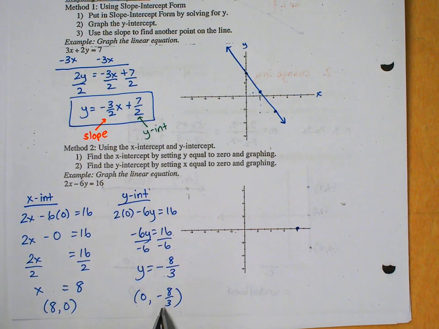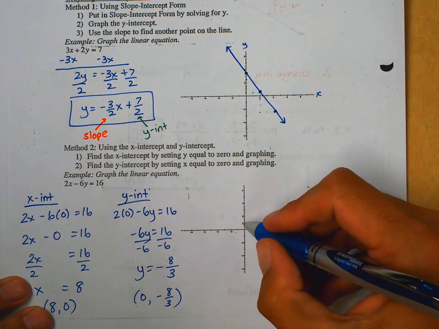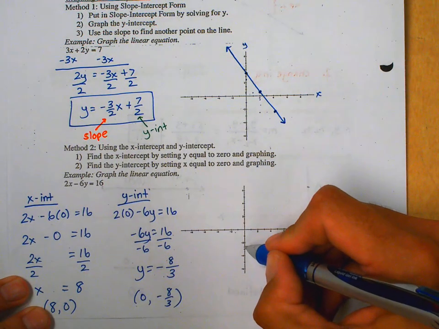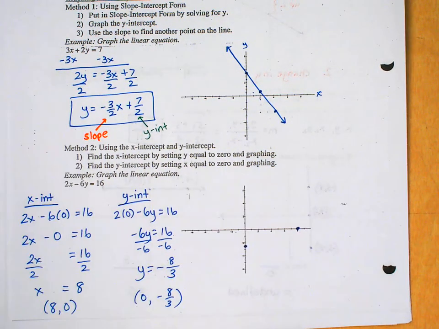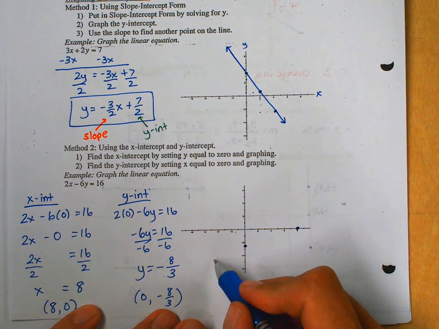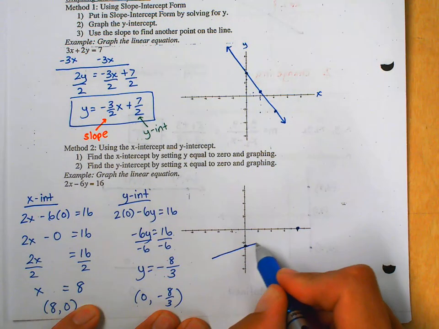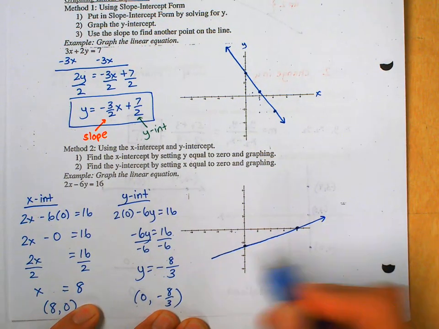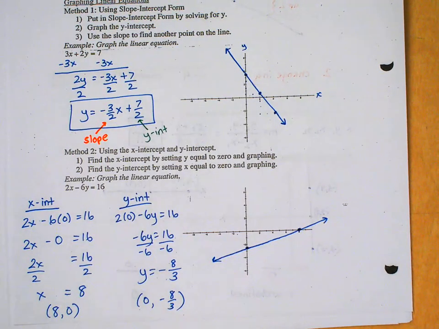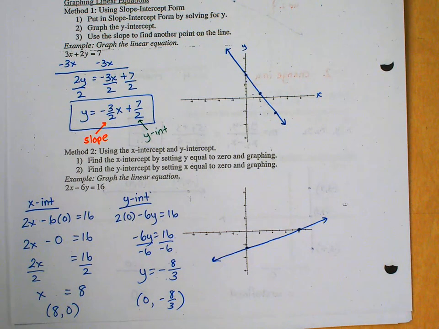Negative 8 thirds is exactly negative 2 and 2 thirds. And so I'm going to go plot that. 0, negative 2 and 2 thirds, right about there. And we just have a line that goes through those 2 points. So I'll draw as straight a line as possible. And there's my graph. So hopefully that's good. I'll let that sit for just a second and then we'll finish up on the last page.